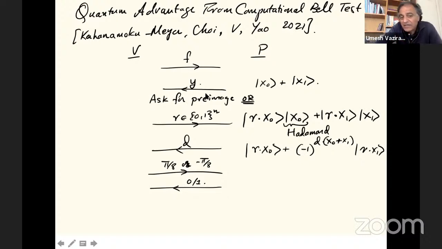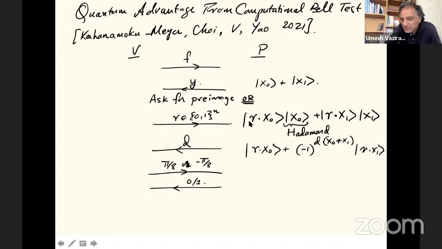Okay, now the verifier either asks for a pre-image, in which case the prover measures x0 or x1 and sends it, or, so this is where things get different. Now we are trying to feed a hardcore bit to the prover. And so in an attempt to feed the hardcore bit to the prover, we send an n-bit string R to the prover. Now the prover takes an extra register, an extra qubit, and computes R.x.